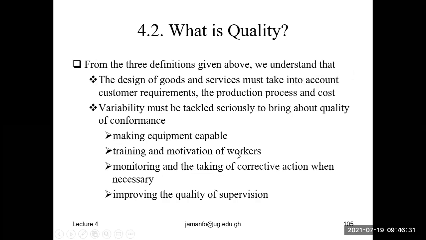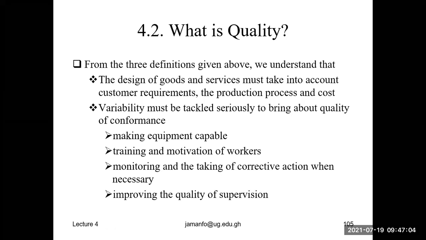So maybe we'll look at the 3 possibilities. From the 3 definitions given above, we understand that the design of goods and services must take into account customer requirements, their production process, and cost. 3 things. If we want to be able to satisfy the customer's requirements, remember we cannot satisfy them at an extraordinary cost.